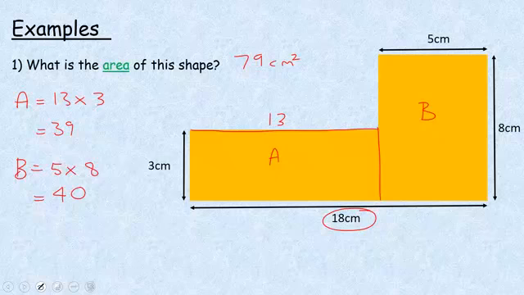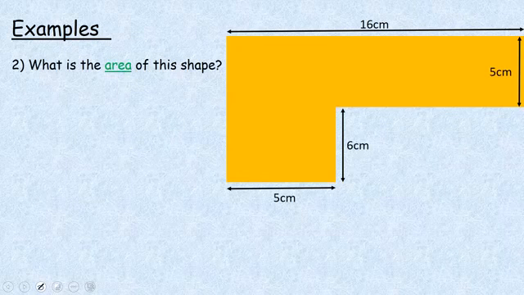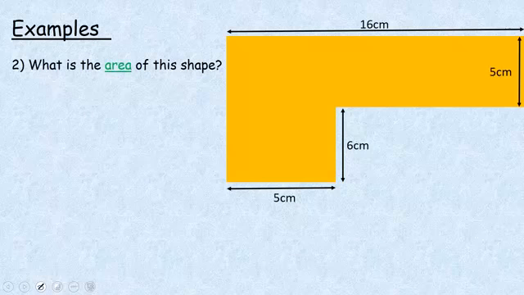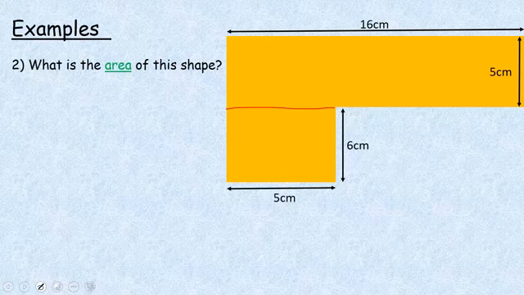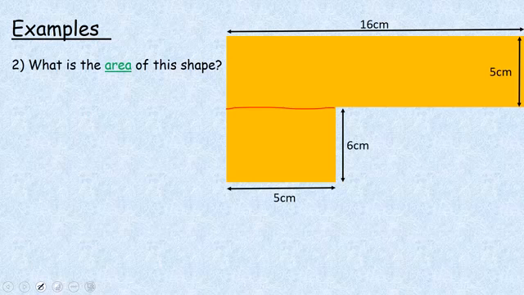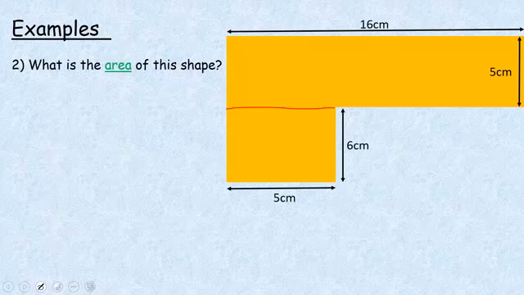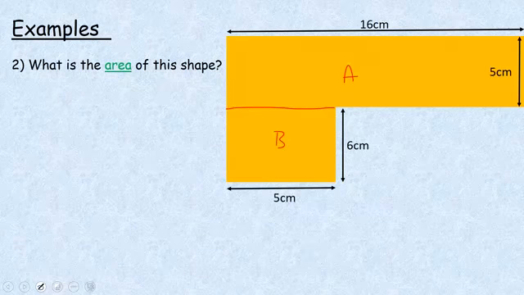So let's look at our second example now. I am going to split mine this way. With this one we don't need to find any missing lengths, because I can see that A has a width of 16 and a height of 5, and B has a width of 5 and a height of 6.